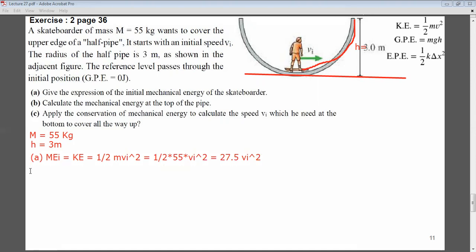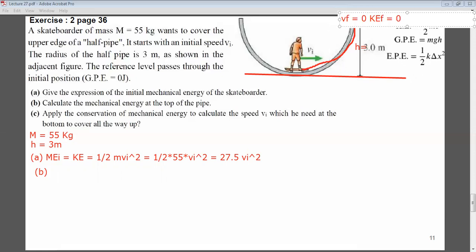Part B, calculate the mechanical energy at the top. So at the top, what form of energy do we have? He will reach the top and go down, so he will stop, then go down. If he stops, it implies v at the top, v final, is 0. So he doesn't have kinetic energy. Kinetic energy final is 0, and definitely there is no EPE.